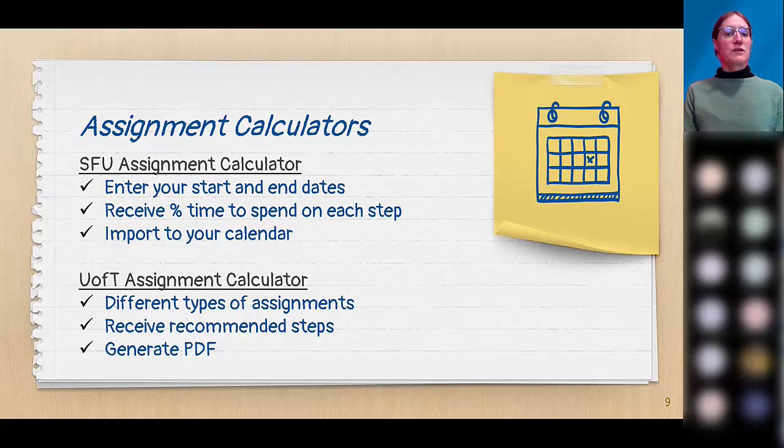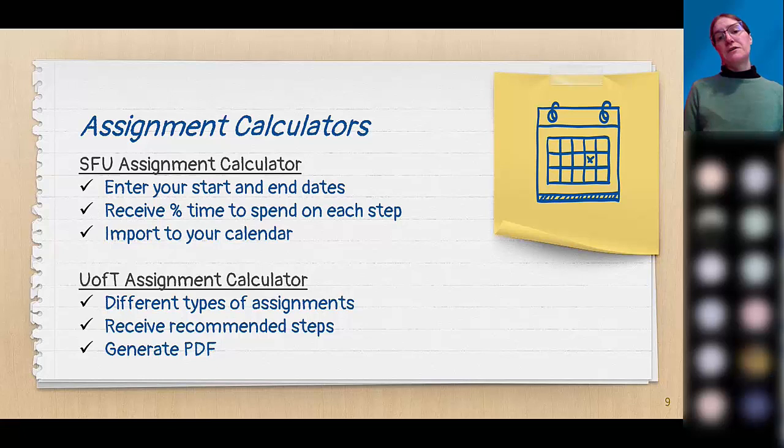The University of Toronto calculator is interesting because it allows you to choose between several different types of assignments, including literature review, as well as annotated bibliography, presentation, even graduate school application. Similar to the first calculator, you'll receive recommended steps, but different types of assignments have slightly different writing processes with different steps.